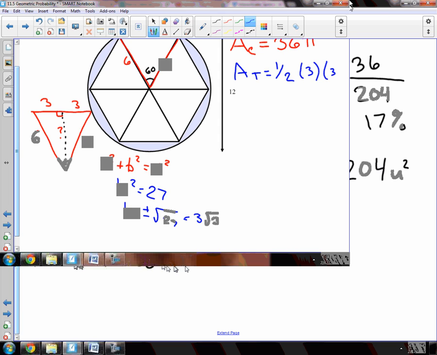If we use 3 as our base, we're only going to get one of these pieces, so we're going to have to multiply by 2. So the area of the triangle will really be 9 square root of 3, because we take out that 1/2.